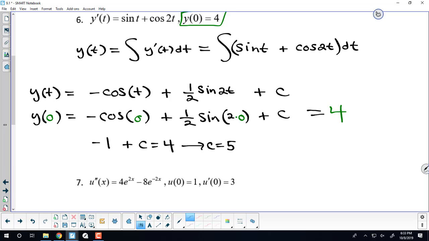Remember, the general solutions involve just unknown constants. Specific solutions have us solving for those constants. I'll just write it here. Just run out of space.